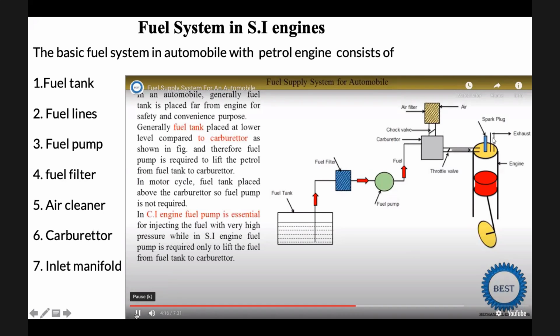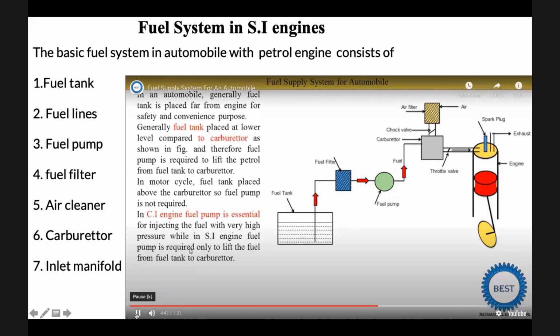Suppose this is a CI engine, then the spark plug is not provided, because the power stroke is produced due to the higher pressure and temperature of the compressed air. So instead of a spark plug, a fuel injector is provided, and this fuel injector sprays the diesel inside the engine. That's why the fuel pump is compulsorily used in CI engines.